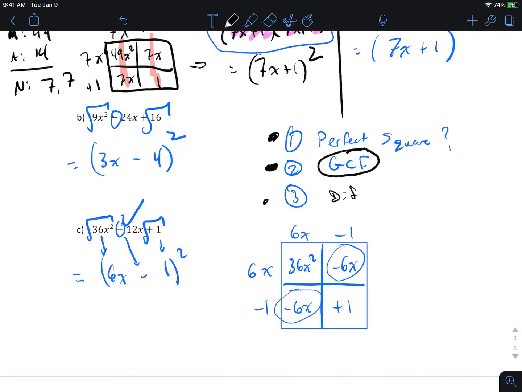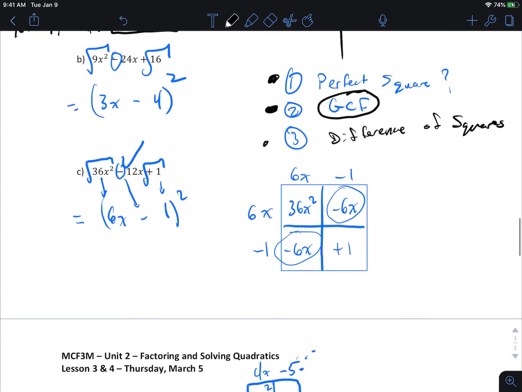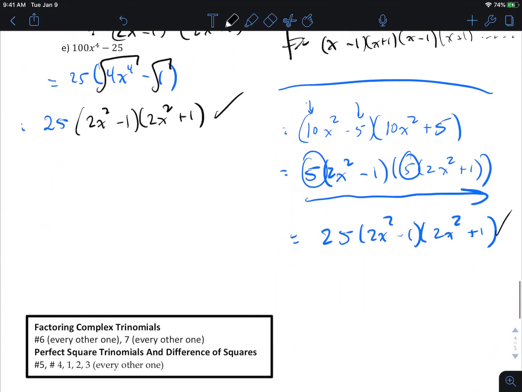You could say that's 3. You could check in all 3 of these, right? Can I do one of these 3 before I get to the complex? Everybody good? There are lots of questions there now. You get two pages of questions.